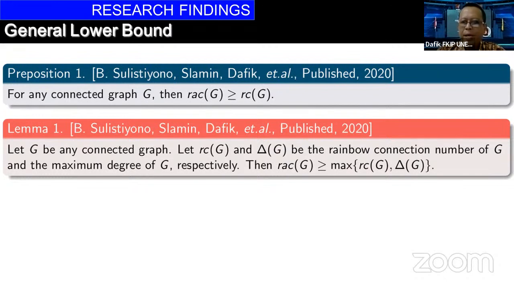Naturally, we have this condition because rainbow antimagic coloring has more restrictions, more constraints, of course a little bit harder than the original rainbow, so the rainbow antimagic connection number is bigger than or equal to the rainbow connection number itself.